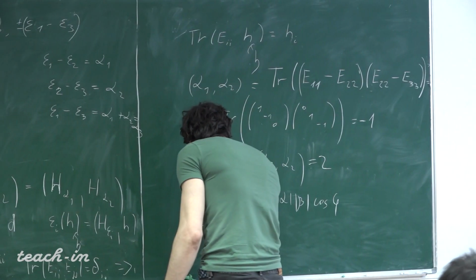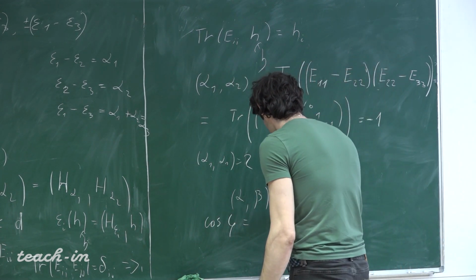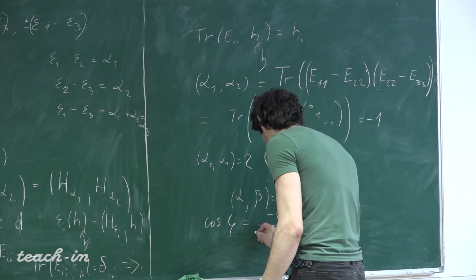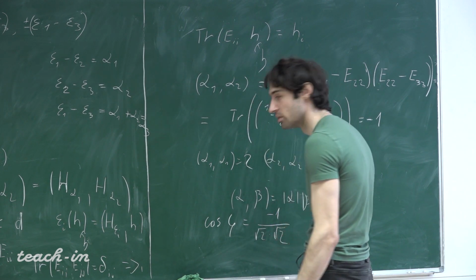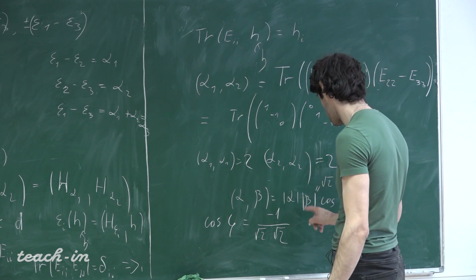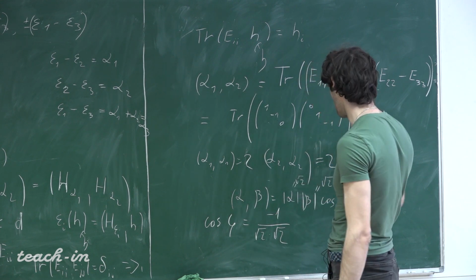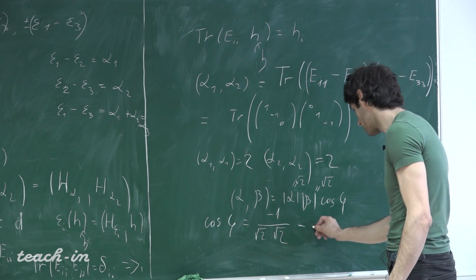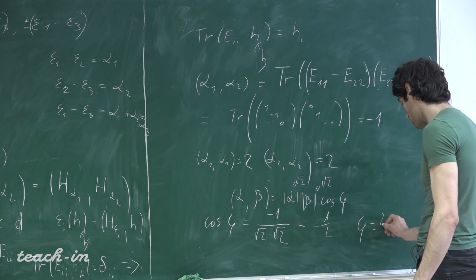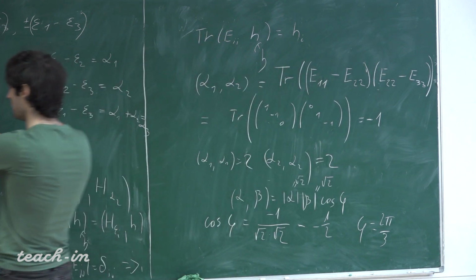Therefore, cosine phi is negative 1 divided by square root of 2 times square root of 2, which is negative 1/2. And voila, phi is 2 pi over 3, which is exactly this angle here.